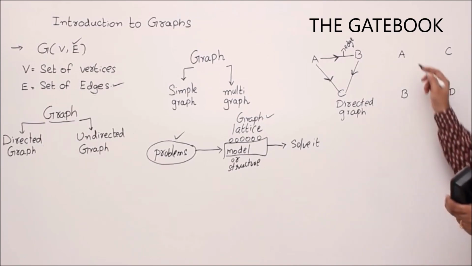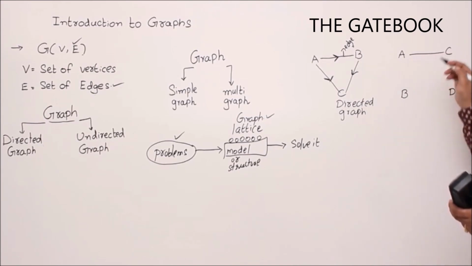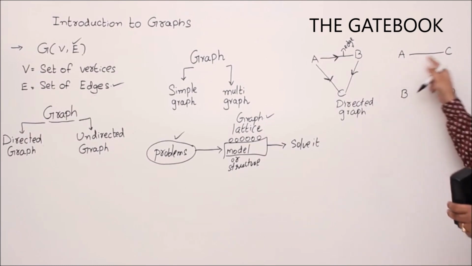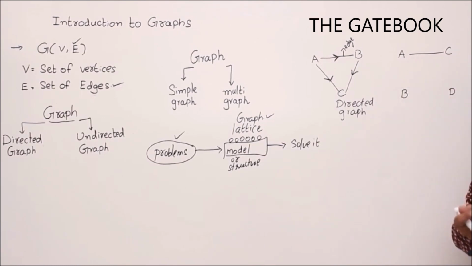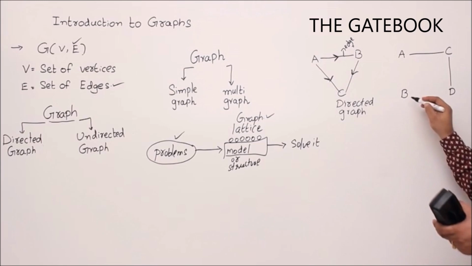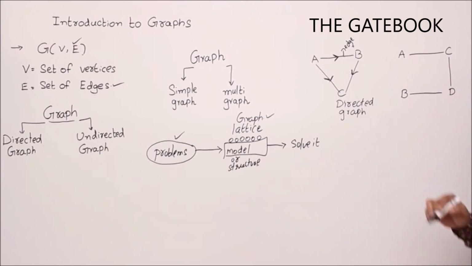So A and C are brothers. It is not like A to C is a brother. A and C are brothers, and let's say C comma D are brothers, and B comma D are brothers in that way. Then probably I use an undirected graph. Here directions are not important.